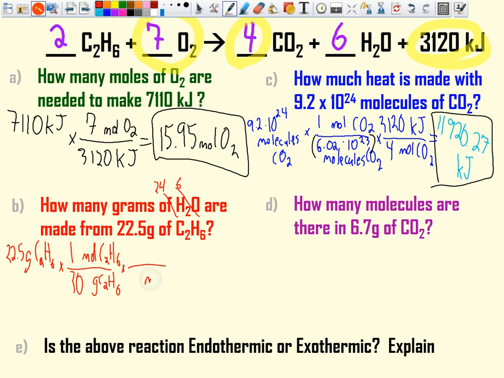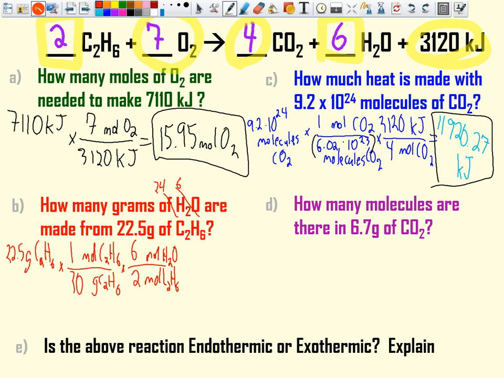Now that I'm in mole, I'm going to go from moles of C2H6 to what I want, moles of H2O. There are 2 moles of C2H6 to 6 moles of H2O. Again, I get this from the equation. I've got my 2 and my 6, both from the equation.